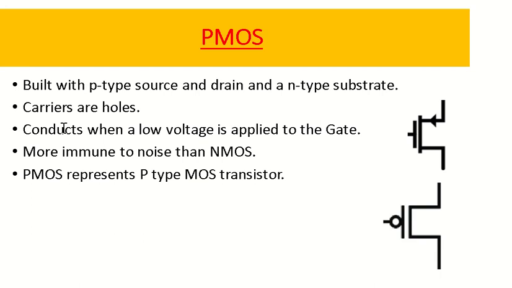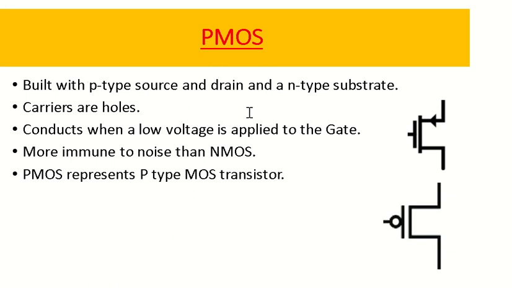PMOS means P-type source and drain with the gate insulated. When the source and drain are P-type, the substrate should be N-type, the opposite.